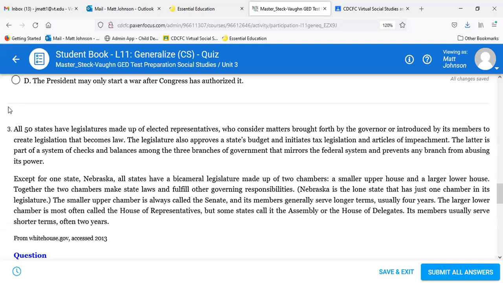All states have a bicameral legislature made up of two chambers, a smaller upper house and a larger lower house. Together, the two chambers make state law and fulfill other governing responsibilities.